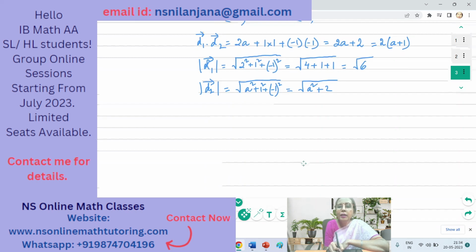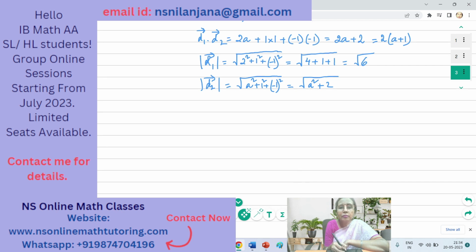So now we are in a position to write the equation. D1 dot D2 should be equal to modulus of D1 times modulus of D2 times cos theta, where theta is the angle between these two vectors, the direction vectors, or between the two lines.